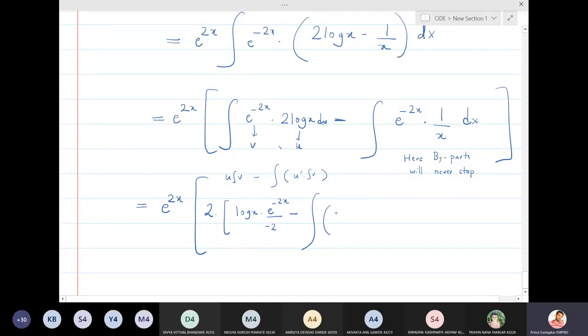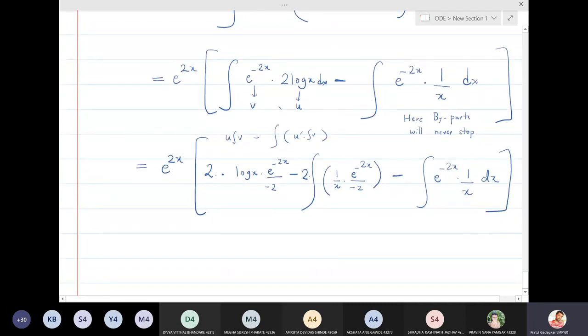The derivative of log x is 1 over x. 2 I have taken common, so 1 upon x into integration of v. Integration of v is e raised to minus 2x upon minus 2. This 2 is a common factor, so let us multiply that 2 inside to both of them now. So this 2 will multiply here also, and this 2 will multiply here also. Minus, the last integration is as it is, e raised to minus 2x into 1 upon x dx.